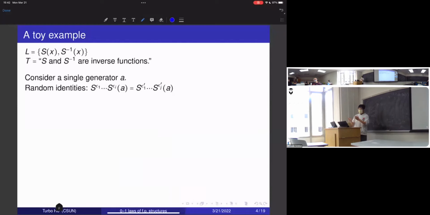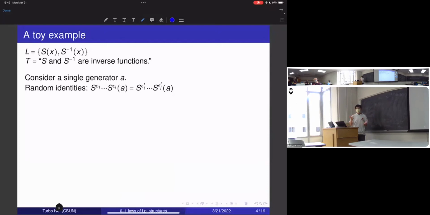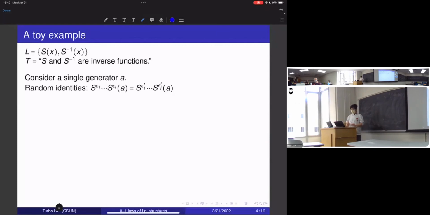On the left-hand side of the identity we take a random term. What does the term look like in this case? It just looks like S to some epsilon, where epsilon could be positive or -1, and I have a bunch of those, applied to the only generator I have, A. Then I do the same thing on the right. So we're really just saying two random terms are equal.